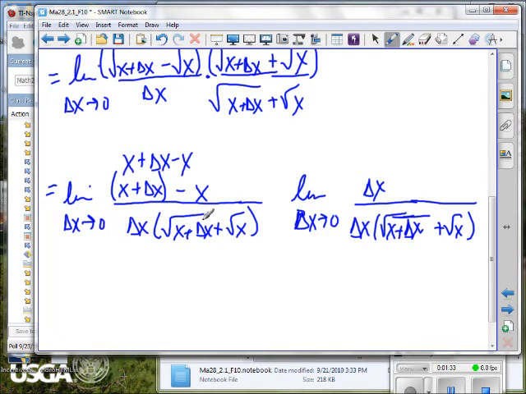The limit, single value, right? When I find it. What's implied between these? What's implied? Not equality. You know why?